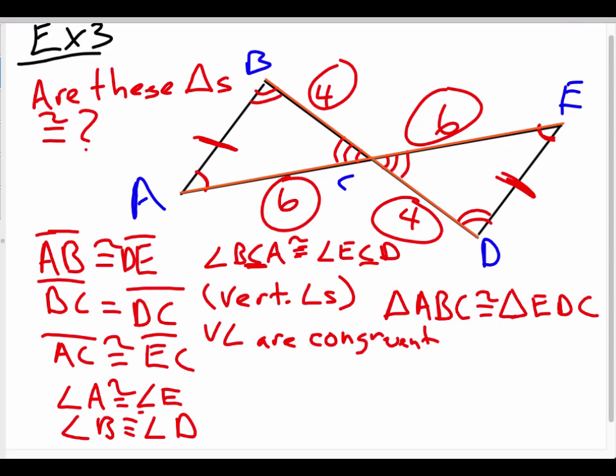We can have a linear pair from here to here. That's how we prove their congruence. And then we can also have a corresponding linear pair that goes from here to here. And because of the linear pair, we can prove the vertical angles are congruent, but at this stage, we just accept the vertical angles are congruent. Does that make sense? Any questions?